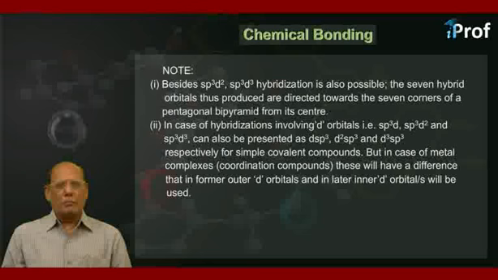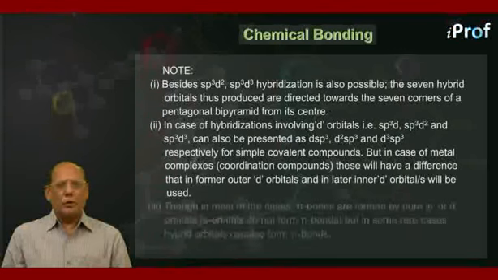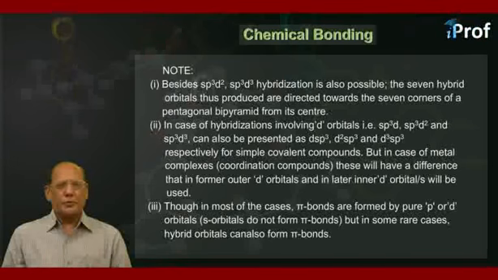But in case of metal complexes, also known as coordination compounds, these will have a difference: in the former, outer d orbital or orbitals, and in the latter case, inner d orbital or orbitals will be used.